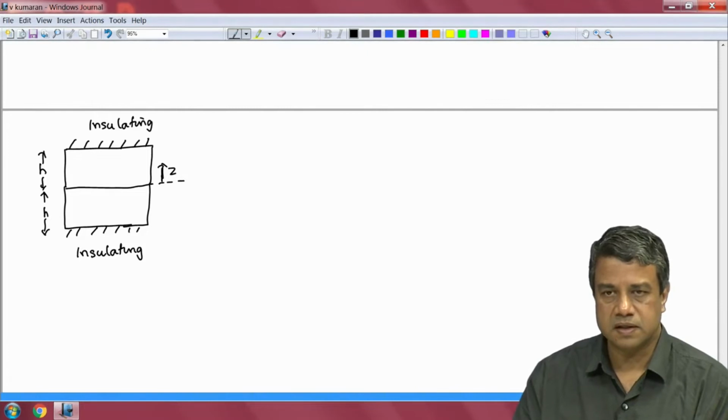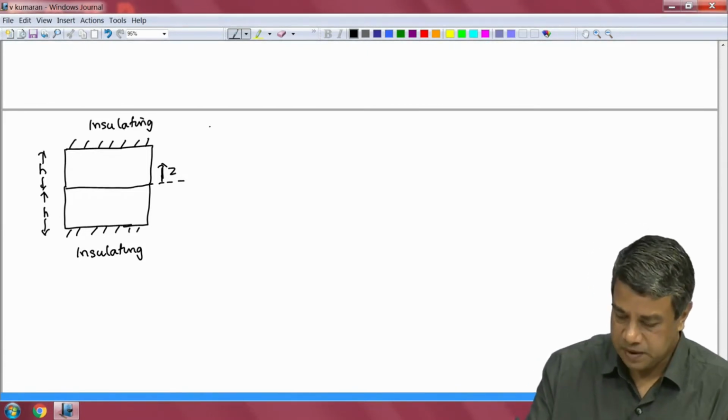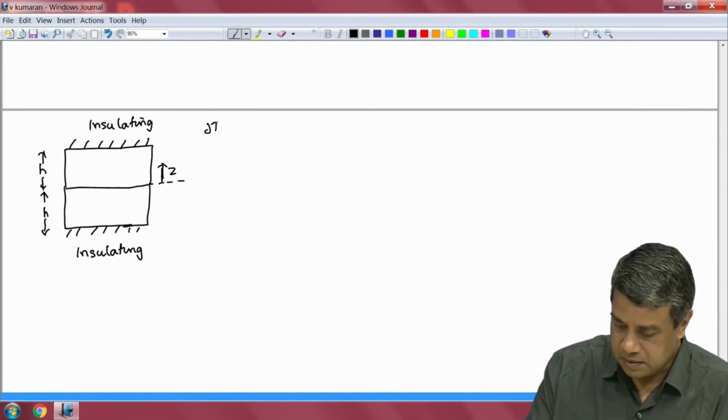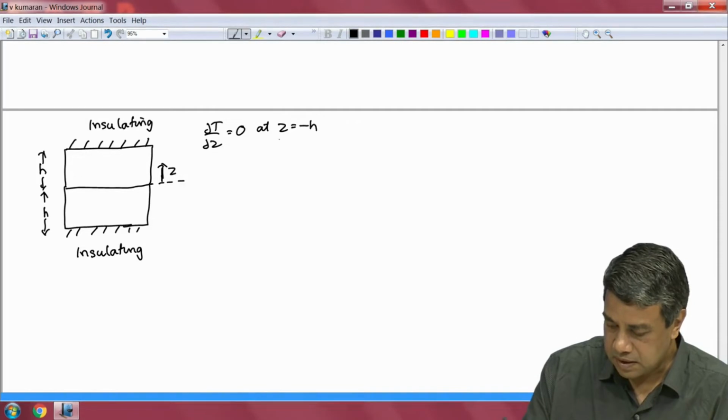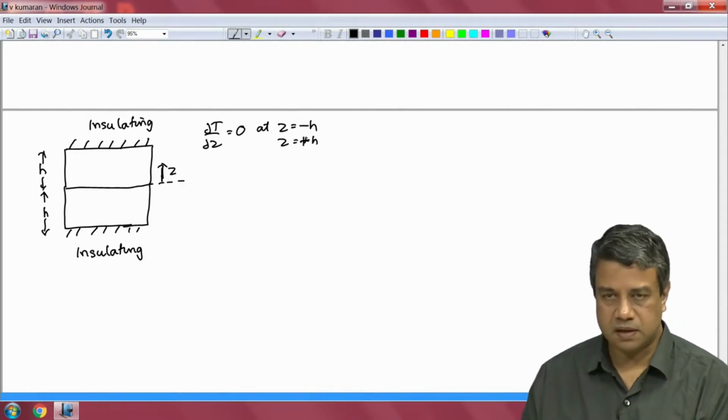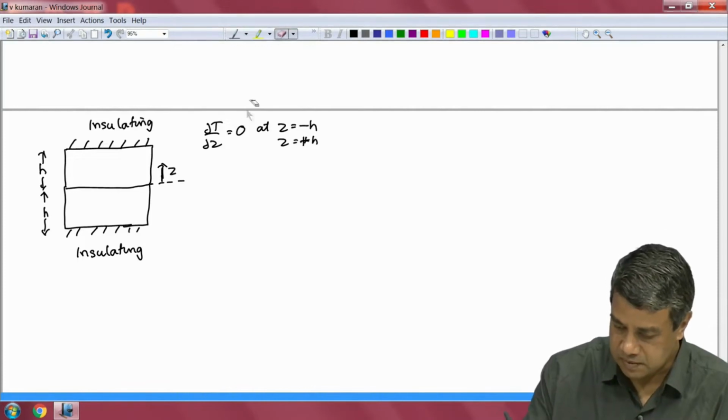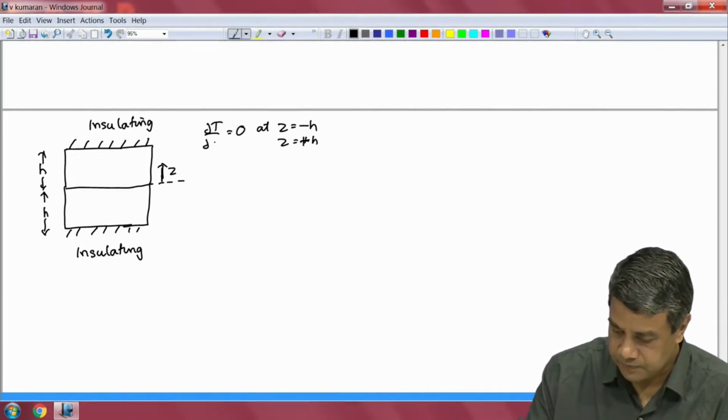And so, there are two insulating surfaces. So, the boundary conditions are 0 flux. That is partial T by partial z is equal to 0 at z equal to minus h and z equal to plus h. At these two surfaces, the derivative of the temperature with respect to z is equal to 0.